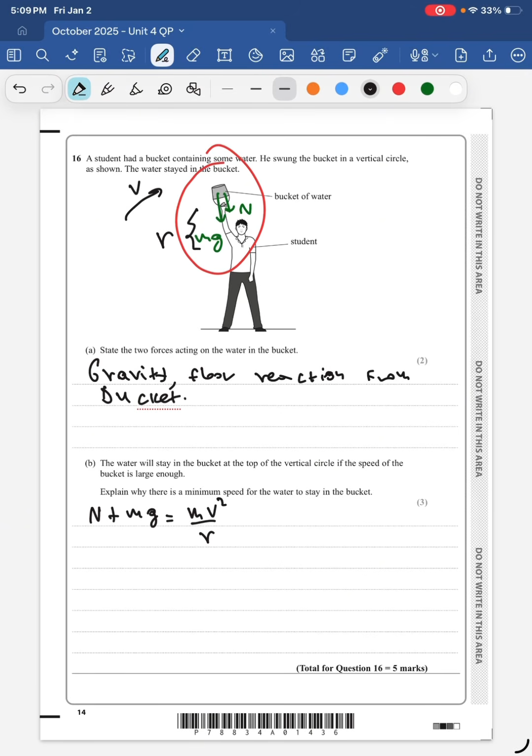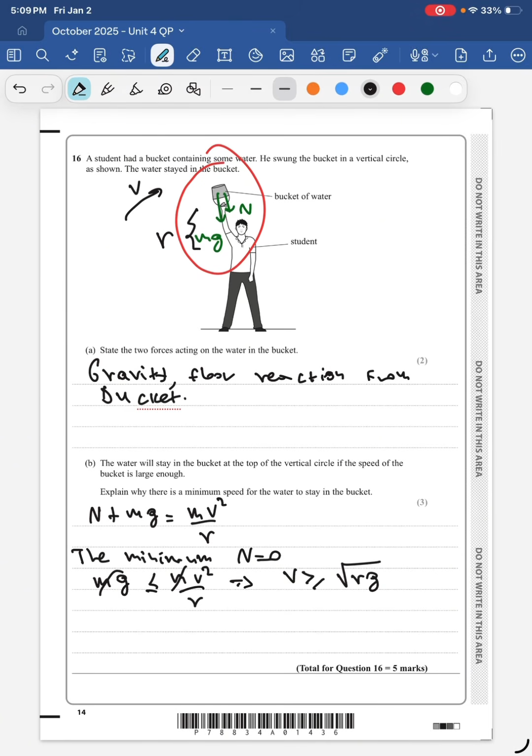Okay, so the minimum N is 0. That's the case in which the bucket barely makes the circle without the water getting spilled. So in that case, mg should be less than or equal to mv squared over r. m cancels, so v should be larger than or equal to the square root of r times g.